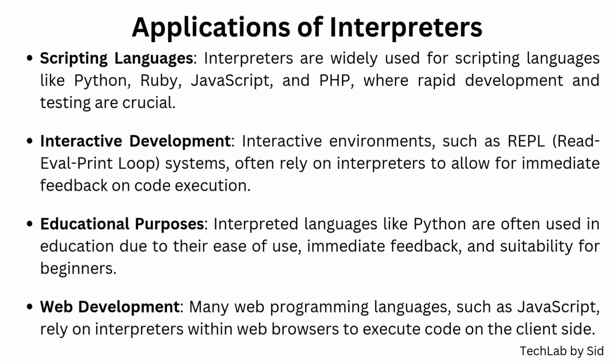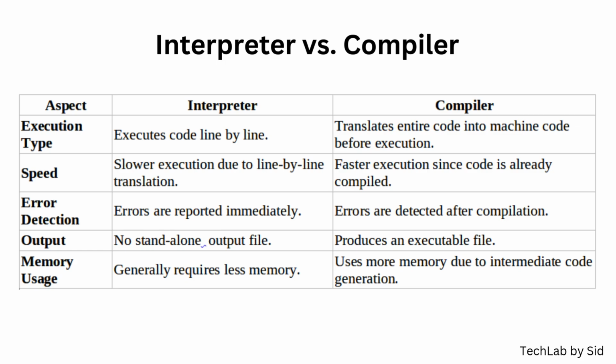Educational purposes. Interpreted languages like Python are often used in education due to their ease of use, immediate feedback, and suitability for beginners. Web development. Many web programming languages, such as JavaScript, rely on interpreters within web browsers to execute code on the client side.